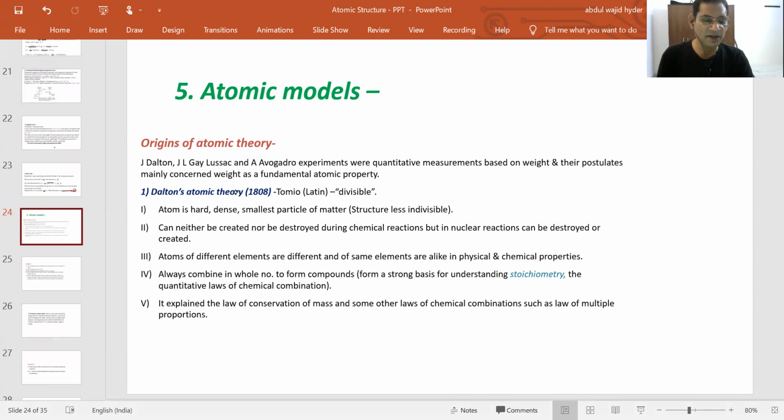This is screen number 24. Now see, the fifth topic from this chapter: atomic models.